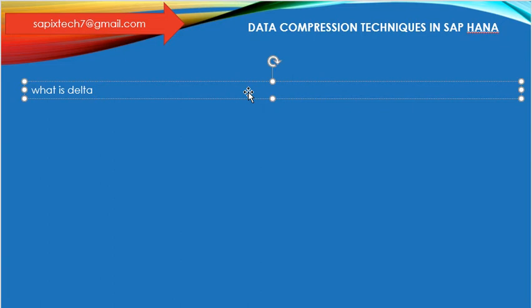What is delta? Let me give you one raw data. For example, you have a name, and some values like brain, bus, Britain.